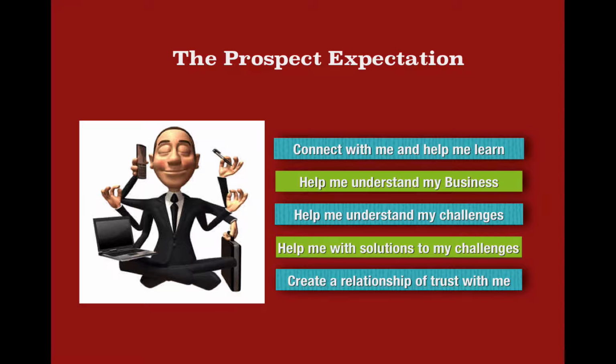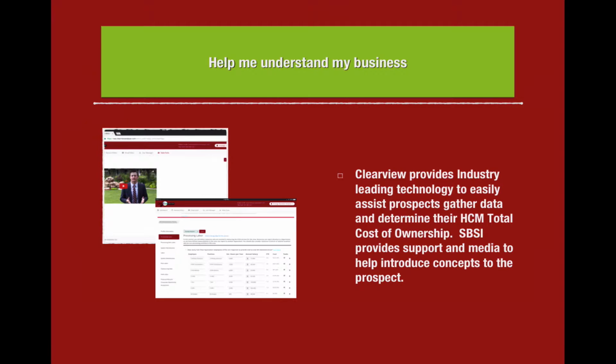Today we're going to talk about two and three, how we help them understand their business and how we help them understand the challenges that they might have within their business. So the Clearview Analyzer provides, as the slide says here, industry-leading technology to easily assist prospects to gather data and determine their HCM total cost of ownership, which hopefully, the result is obvious.